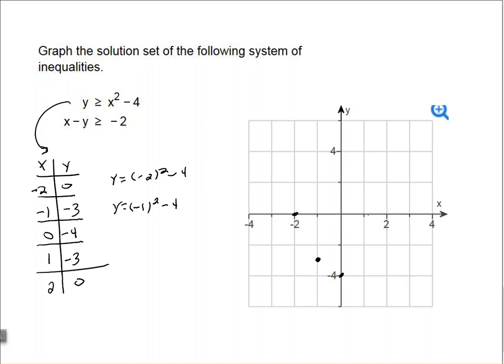Okay, (1, -3). And then (2, 0). All right, so that's the first equation.